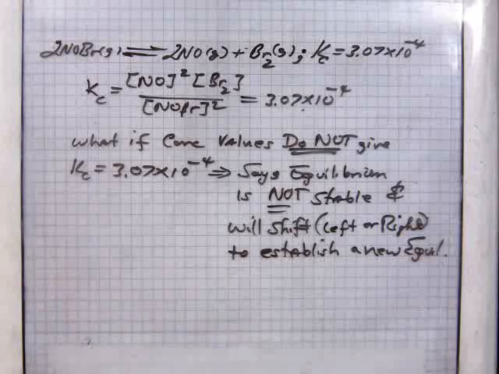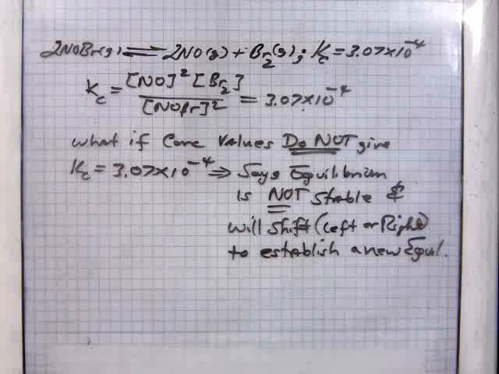Now, let's say you were given values that did not add up to or calculate to be the equilibrium constant. What it is called is a Qc value.